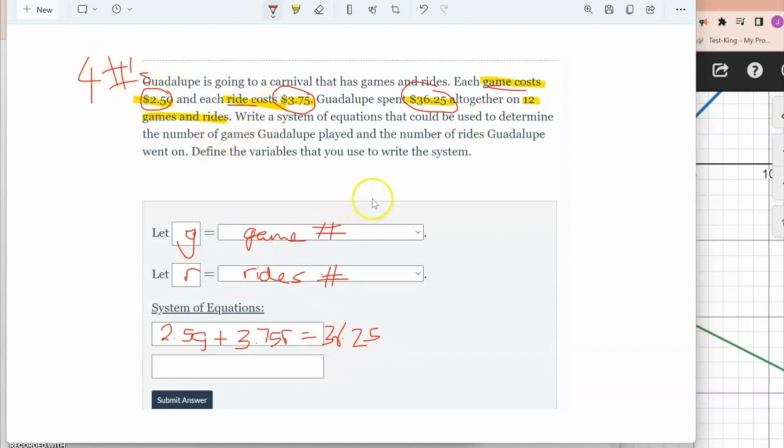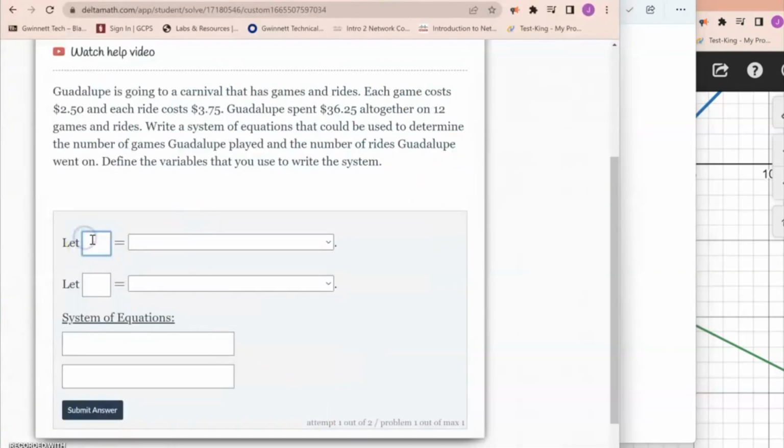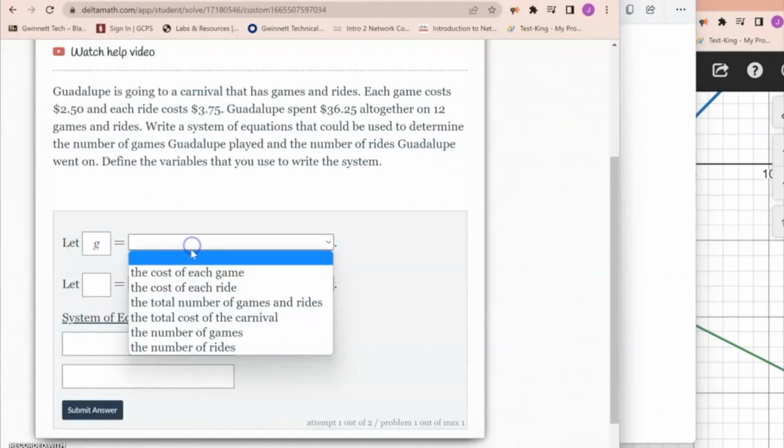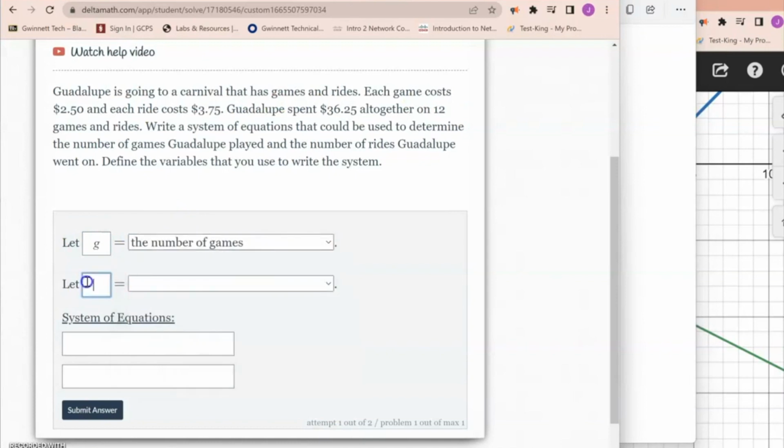And then in the second equation, the last number is always going to be the variables added together. So G plus R is equal to 12. Let G equal number of games, R equal number of rides. And then you type in those equations.